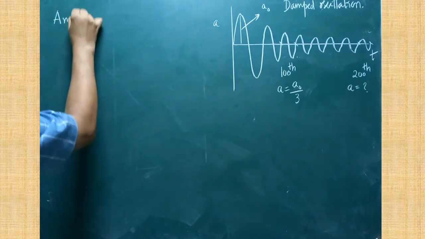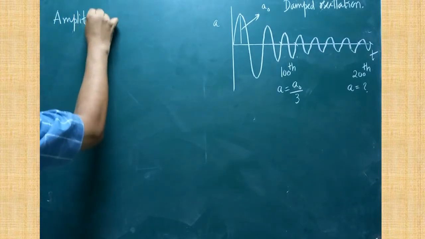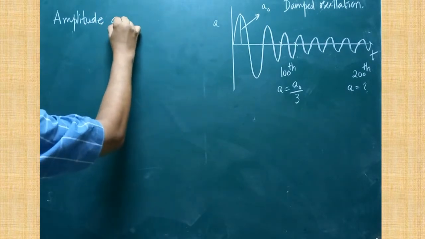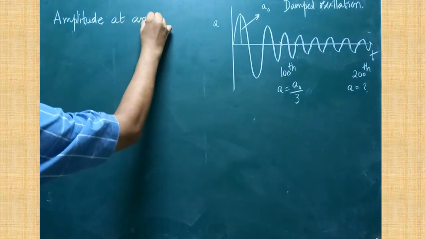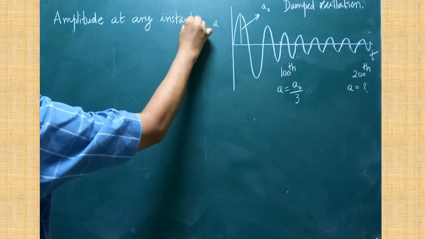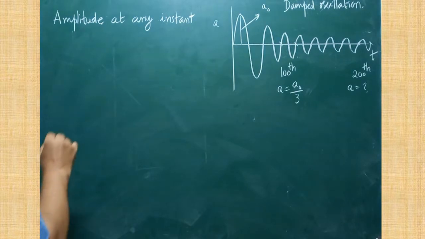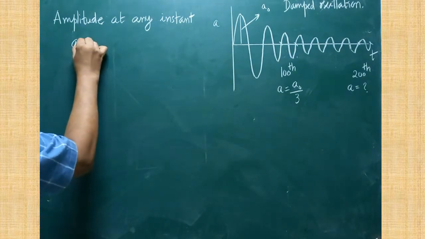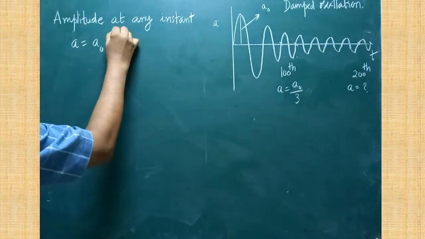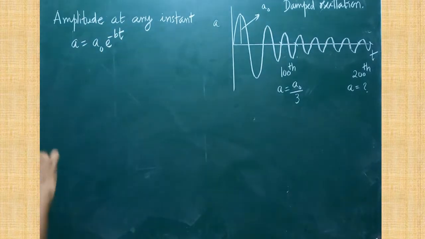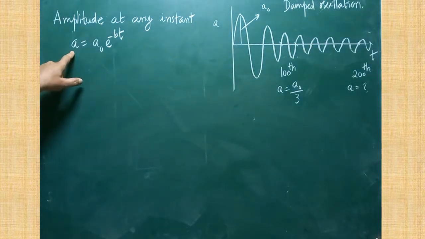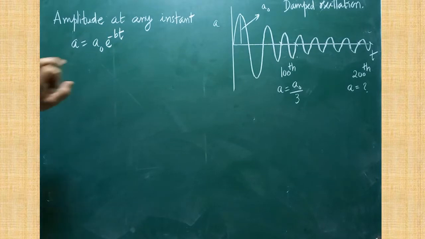The amplitude of the damped harmonic oscillator at any instant can be calculated by using this expression: A is equal to A0 e power of minus bt. At any instant you can calculate the amplitude of the damped harmonic oscillator using this expression.